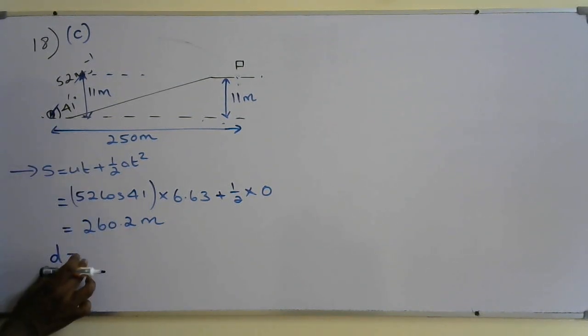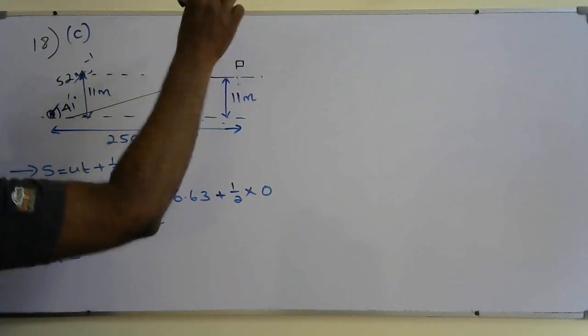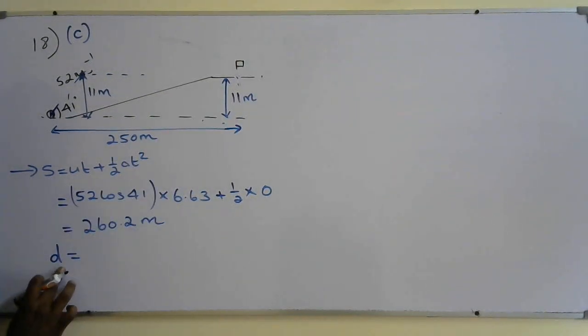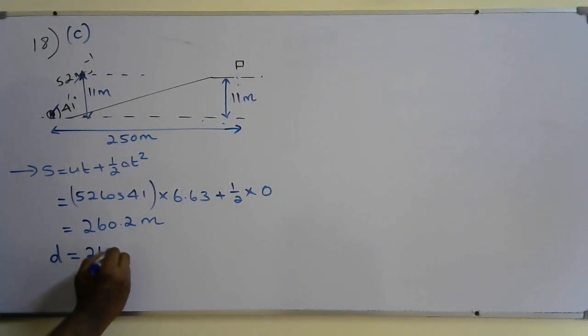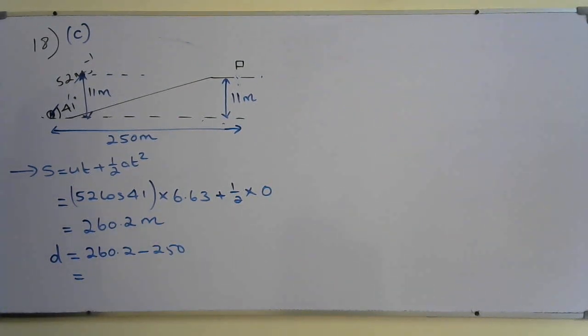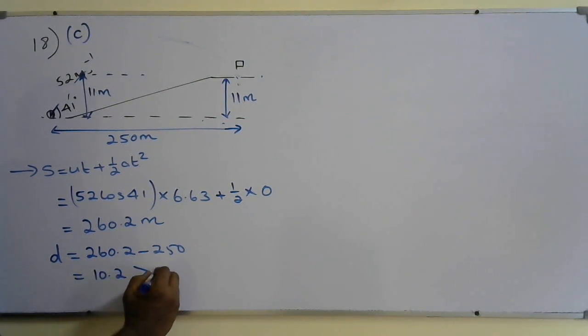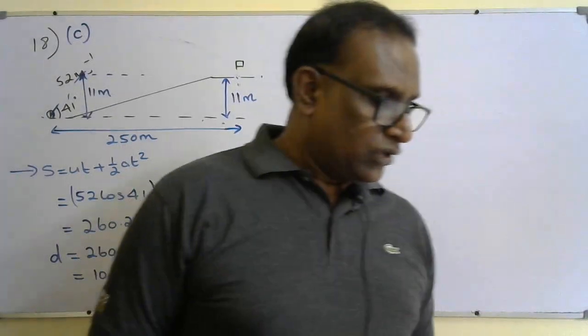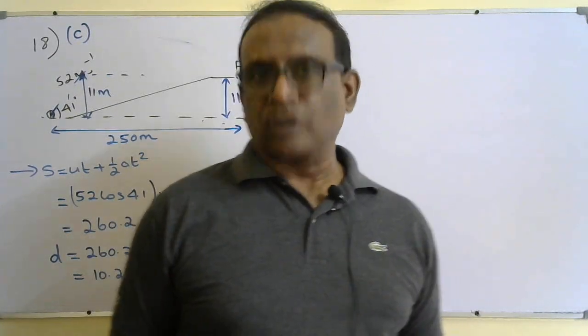So D is given by 260.2 minus 250, that will be 10.2 meters, which is greater than 5 meter. So the ball will not hit within 5 meters from the hole.